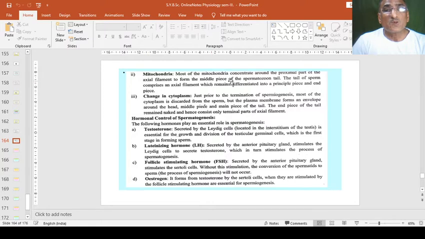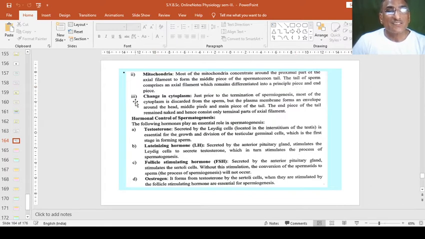Most of the mitochondria concentrate around the proximal part of the axial filament to form the middle piece of the spermatozoon tail, and the tail of the sperm comprises an axial filament which is differentiated into a principal piece and an end piece. So these are the two pieces of the tail.